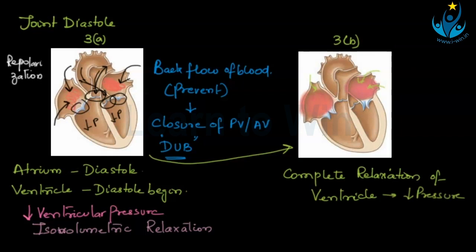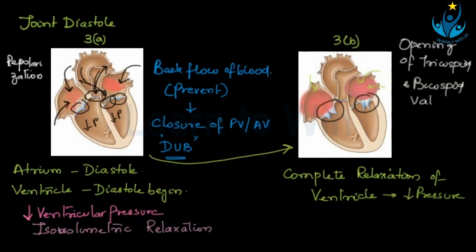Now, due to this, what happens? If you can see here, the valves got opened. So this results in the opening of the tricuspid and bicuspid valves. Only just the opening. The blood will not flow yet.